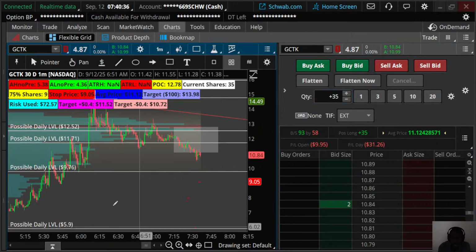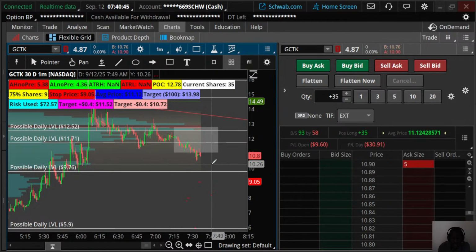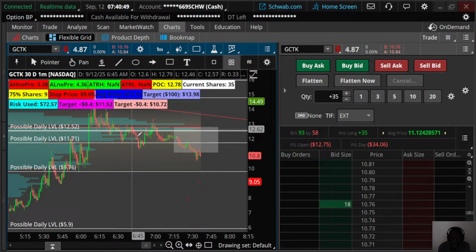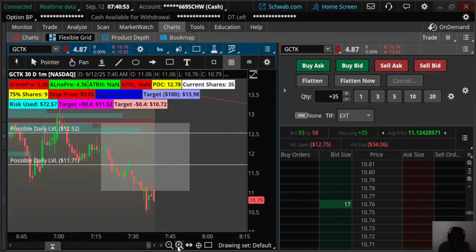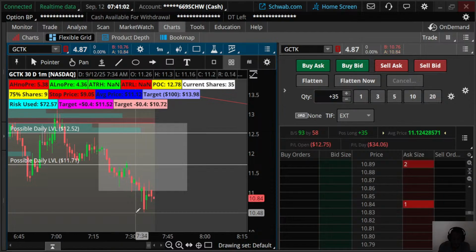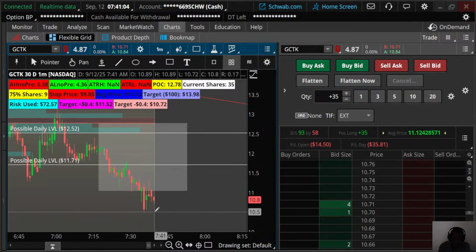Let's go look at this overall picture here. So it's been trading around 10.50s and all of this good stuff. Hasn't made a move back up yet. Had a leg down, leg down, leg down. So I don't know. This one's one of those Freaky Friday, I don't knows. 10.50, I'm out.